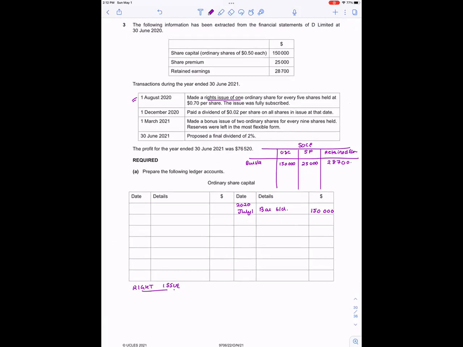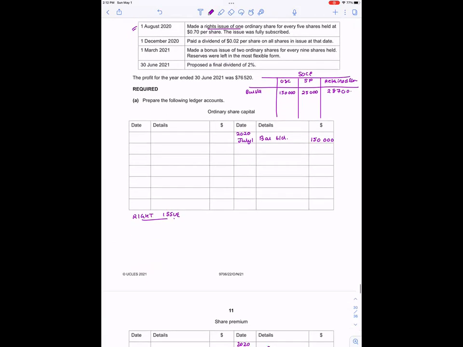No. Now I have made a right issue. What is the right issue? Can you all do it yourselves? One share for every 5 held.